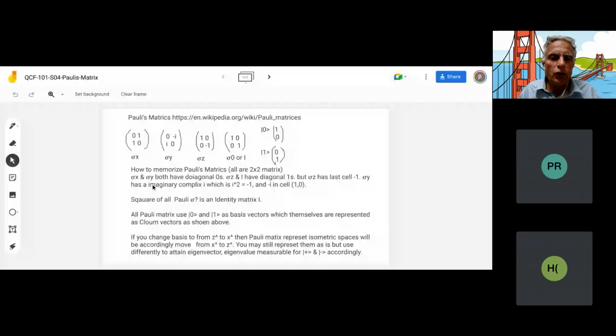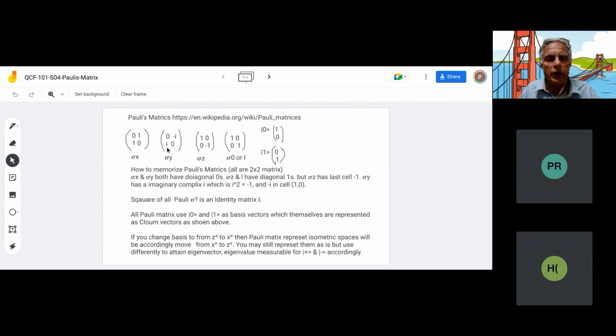So you see here the Pauli matrices. Here you have sigma x, sigma y, sigma z, and the identity matrix, and ket0 and ket1 represented. How to memorize the Pauli matrices, 2 by 2? You will find that x and y you can remember together with 0 and 1 and minus i. So 1, 1 and minus i, i. Diagonally both are 0 here, and this is 1, 1.